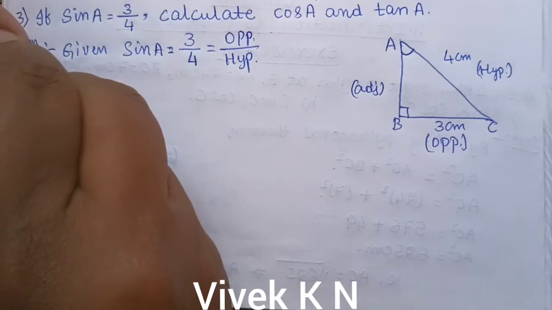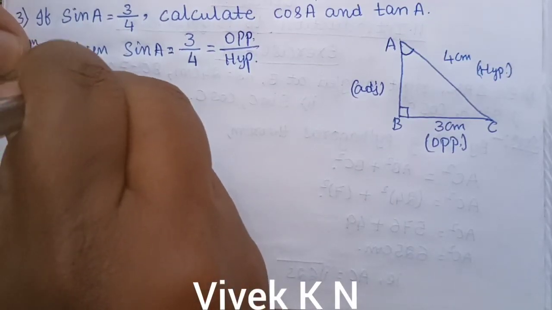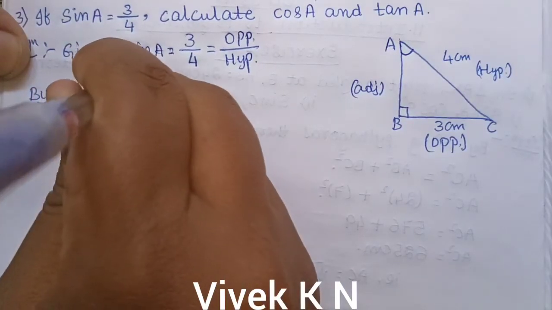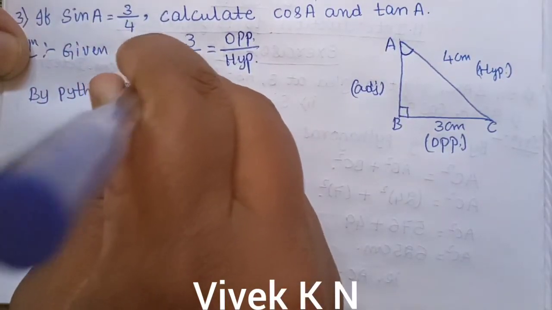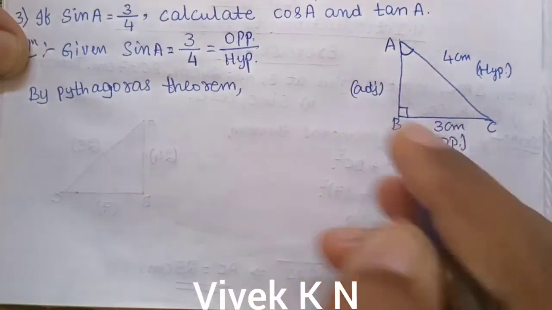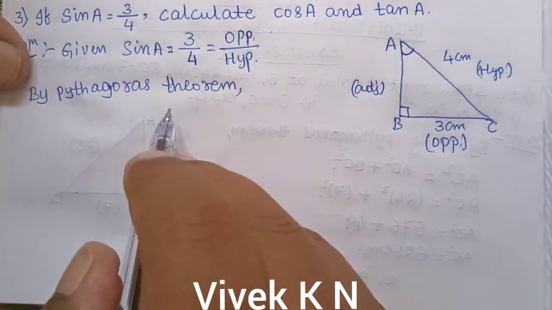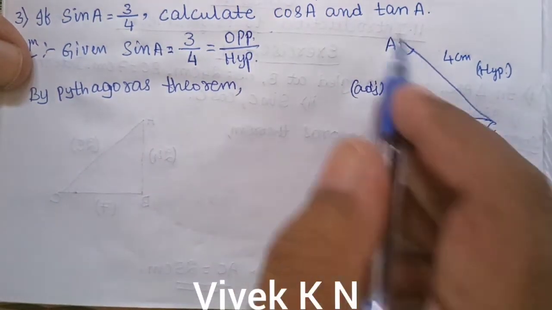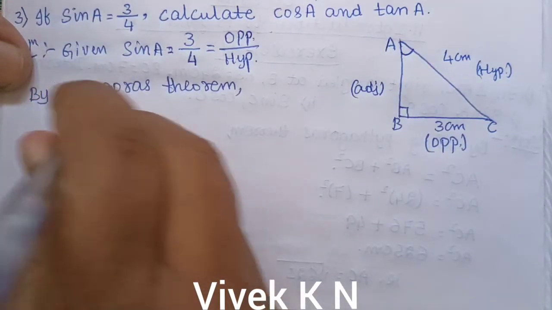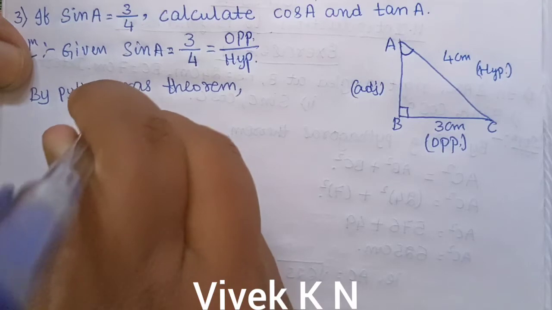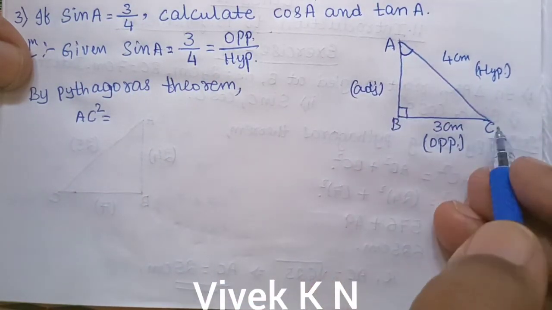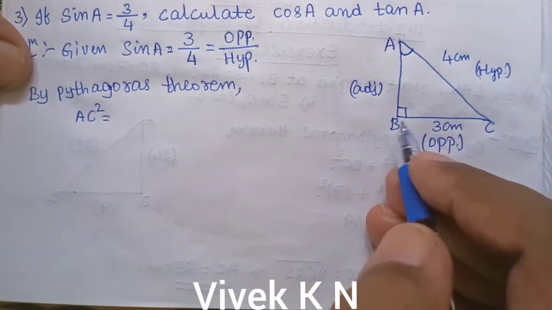By Pythagoras theorem, the hypotenuse square, that is AC square, is equal to the sum of the squares of the two sides of the right angle triangle, that is AB square plus BC square.